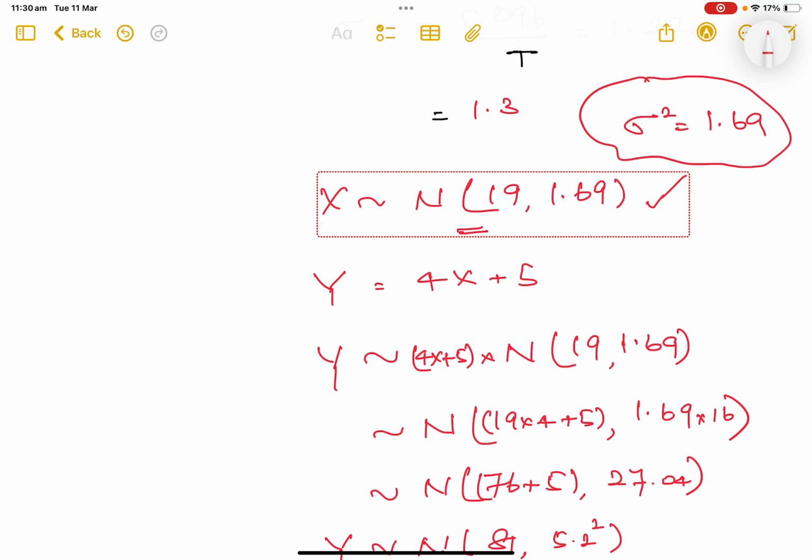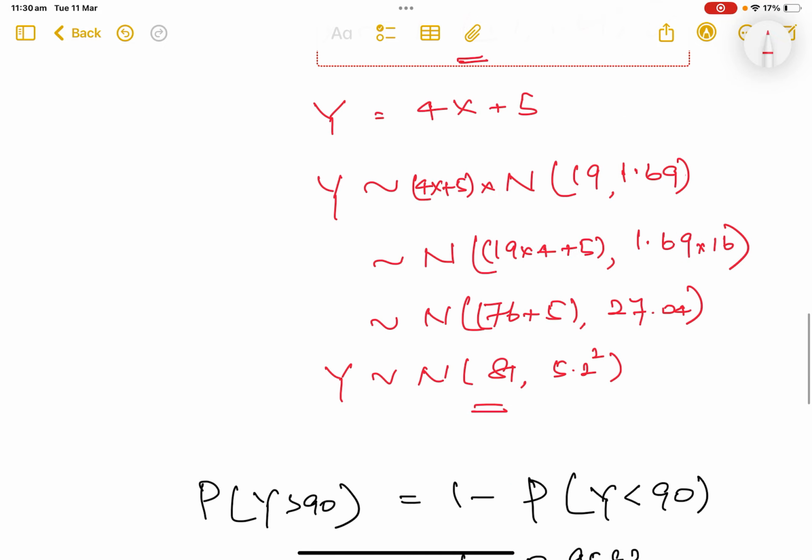So for the mean, 19 multiplied by 4 plus 5.